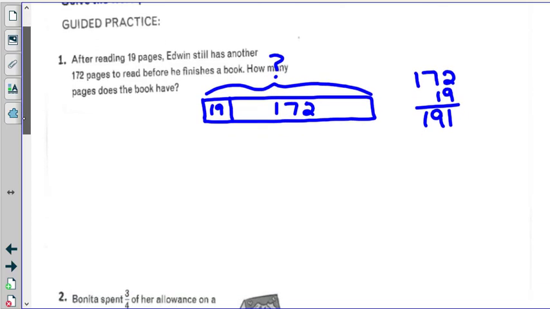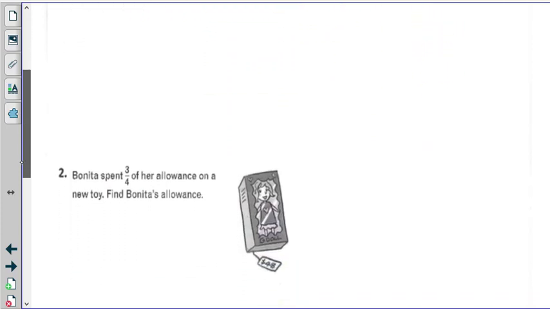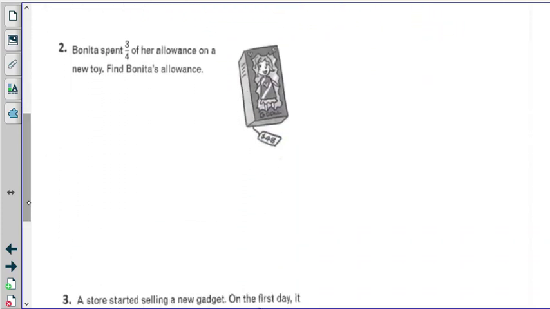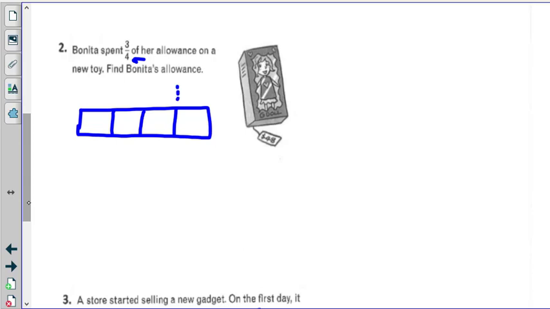And yes, we would write a sable for that, but for now we're going to go on. Bonita spent 3/4 of her allowance on a new toy. Find Bonita's allowance. Well, 3/4, that 4 tells us how to cut up our bar, right? So we're going to cut it into fourths. She spent 3/4 of it.